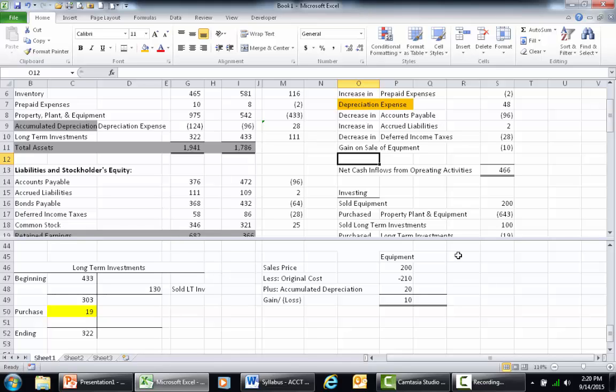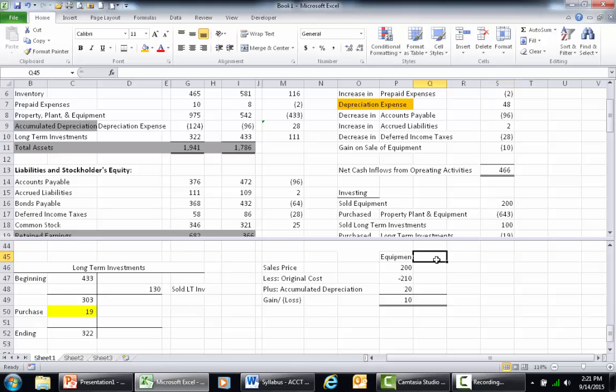It needs to actually go back down because we didn't get an extra $10 over the other things that we're reporting, so we have to take it back out, so it shows up as a negative. If we had a loss, it would be just the reverse. It would have caused income to be too low, and we would have needed to add it back in to represent that we didn't lose an additional $10. So on this gain on the sale of equipment, E-Q-U-I-P-M-E-N-T, right? It's going to show up as a negative 10.